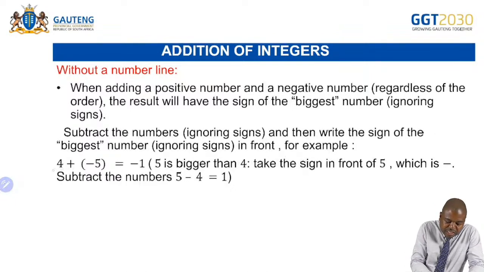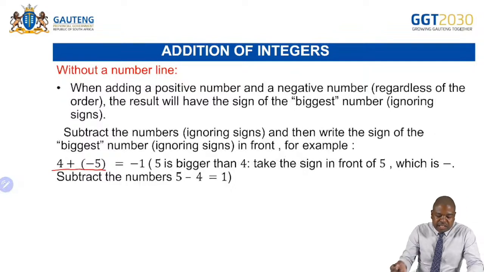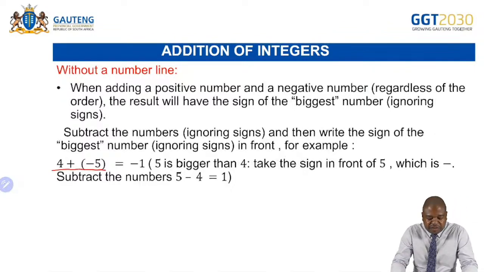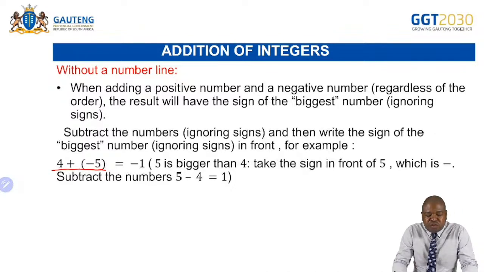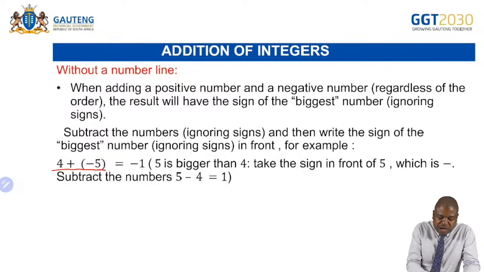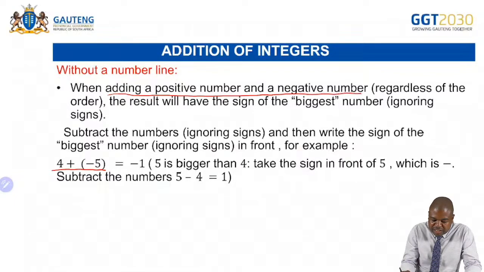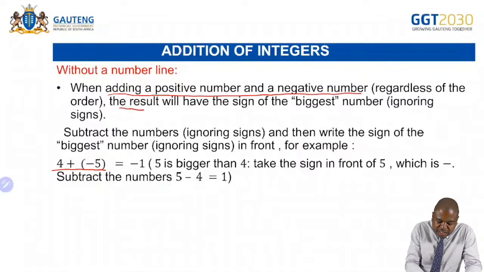let's have a look at the last example which we did. It is 4 plus negative 5. Using a number line, we got negative 1. So here what we are saying is that if you don't have a number line, when adding a negative and a positive number, the result, which is the answer, will have the sign of the biggest number.